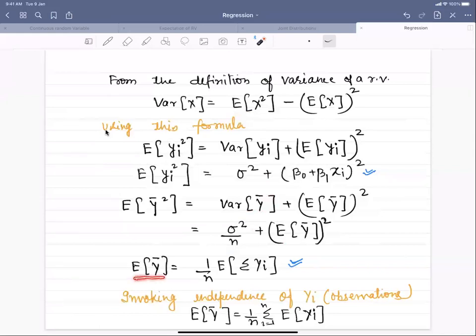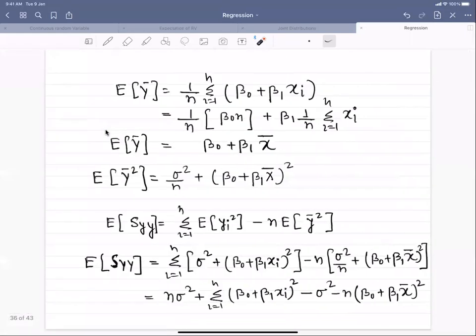The expectation of y bar can be written as 1 by n times the expectation of the summation over i from 1 to n of yi, because y bar is 1 by n summation of yi. Again invoking the independence of the yi's, I can take the expectation operator inside the summation. So the expectation of y bar is 1 by n summation over i from 1 to n of the expectation of yi, and the expectation of yi is again this value, beta naught plus beta 1 xi.